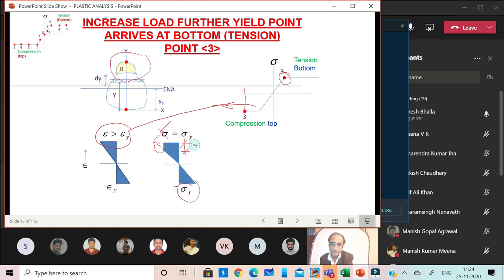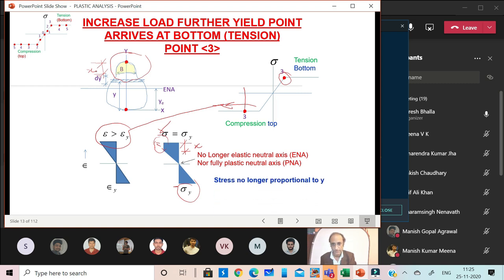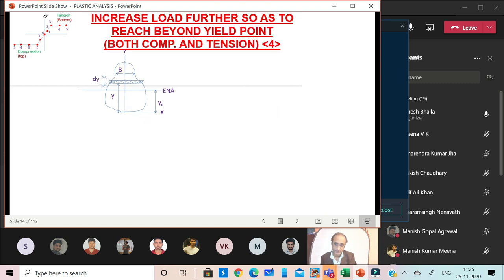This zone of depth X is the full plastic zone. So this is now no longer the elastic neutral axis, and it's also not the fully plastic neutral axis, it's something in between. Alright, so now the stress is no longer proportional to Y.